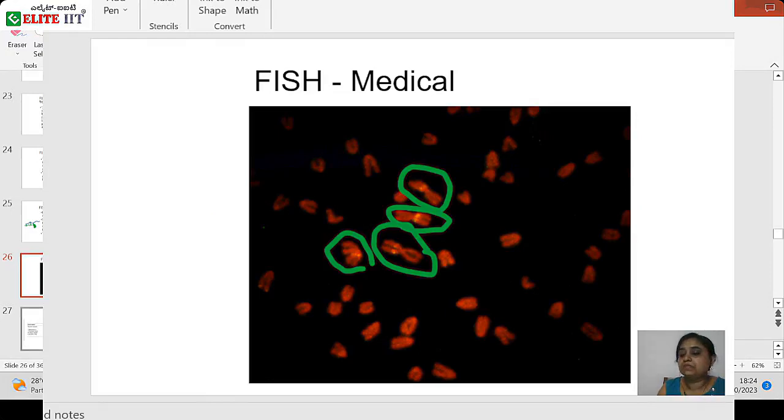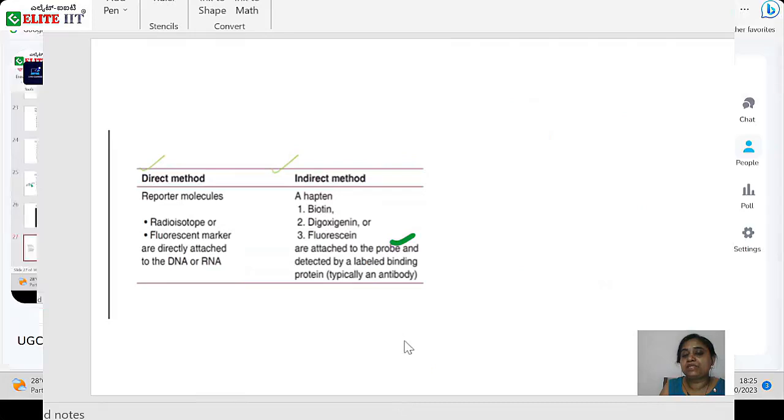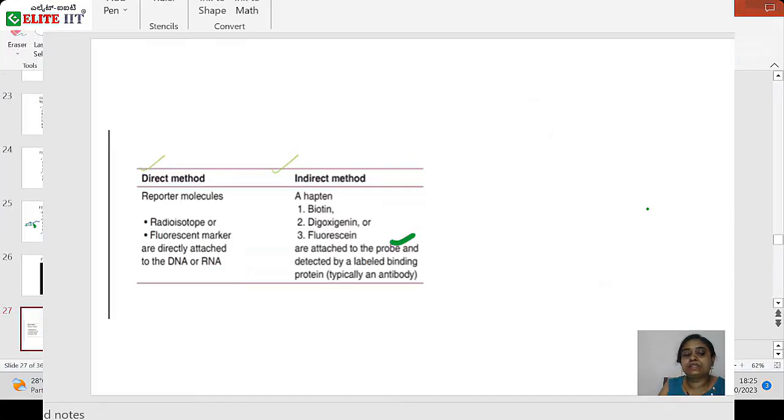Now going to talk about this method: you can use the direct method or the indirect method to detect the fluorescent compound. During the discussion of ELISA, I don't know whether you had joined my class at that time or not, I discussed various methods of ELISA.